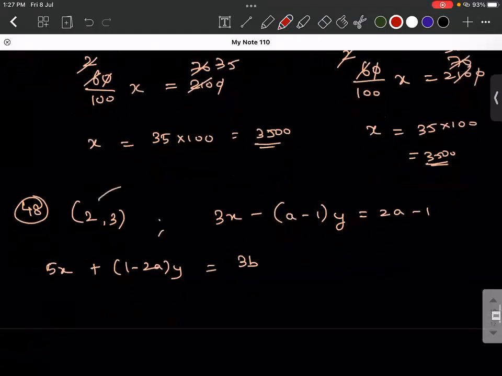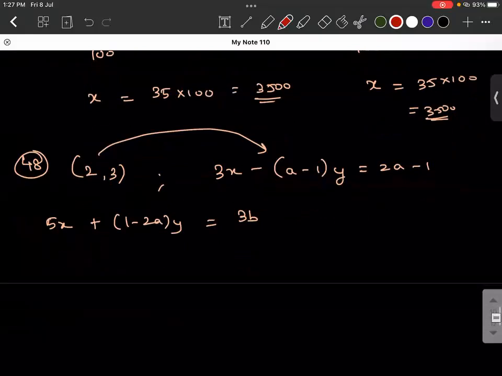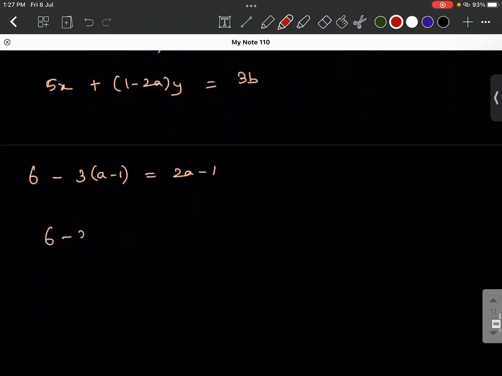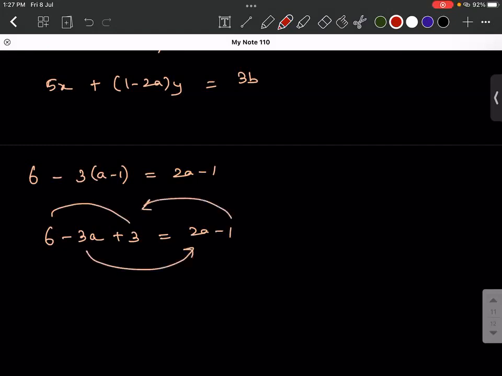Clear? So first take it and substitute it here. What will you get? 6 minus 3 into (a minus 1) is equal to 2a minus 1. 6 minus 3a plus 3 is equal to 2a minus 1. 6 plus 3, 9. Take this 3a to this side and 1 this side. 9 plus 1 is equal to 5a.